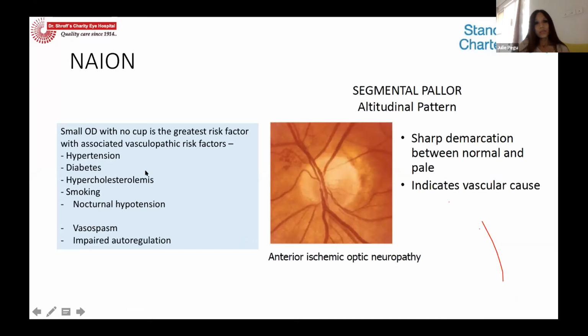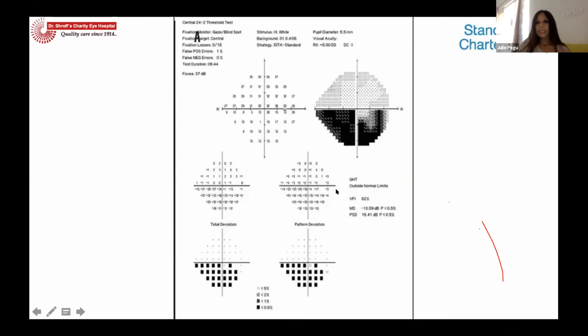This kind of patient also has vasculopathic risk factors like hypertension, diabetes, hypercholesterolemia, any vasospasm or impaired autoregulation. Here, the superior and inferior parts of the neuroretinal rim appear pale, and this kind of patient will have a typical altitudinal defect.